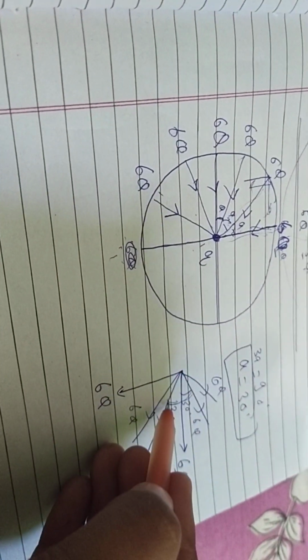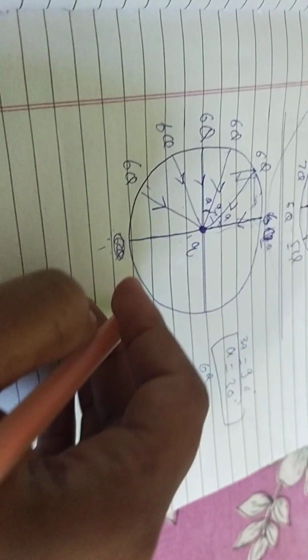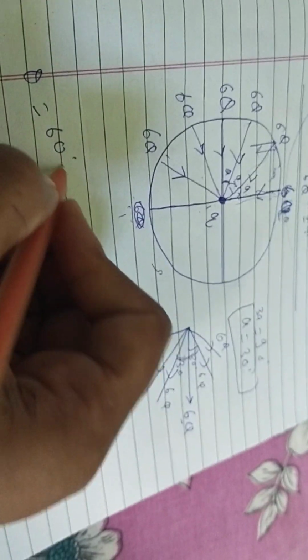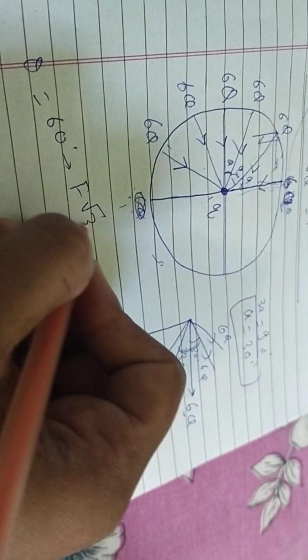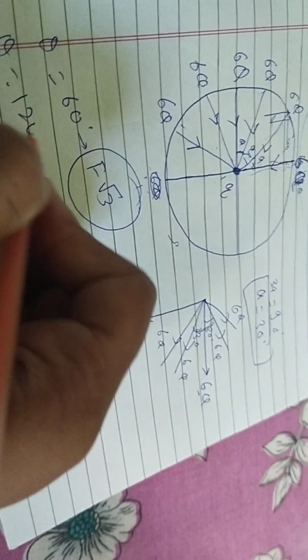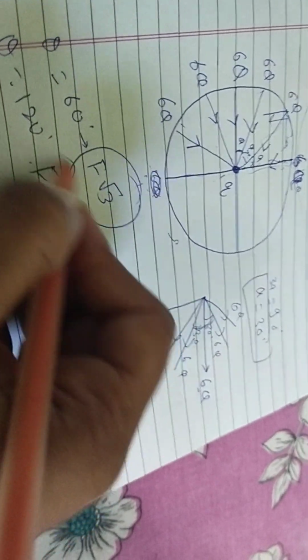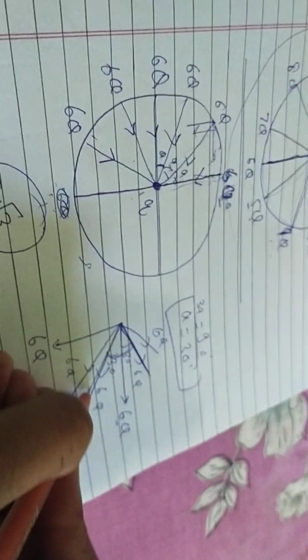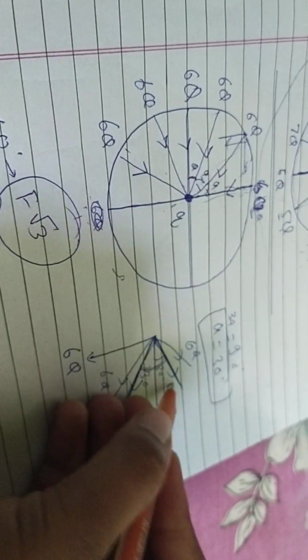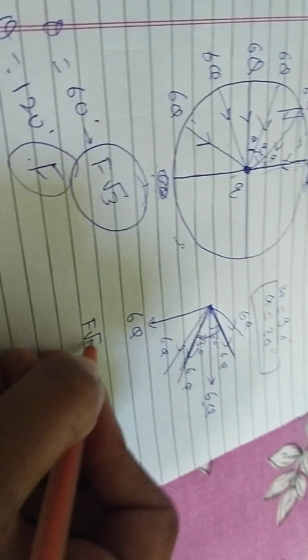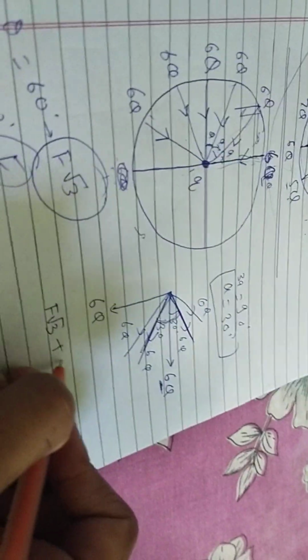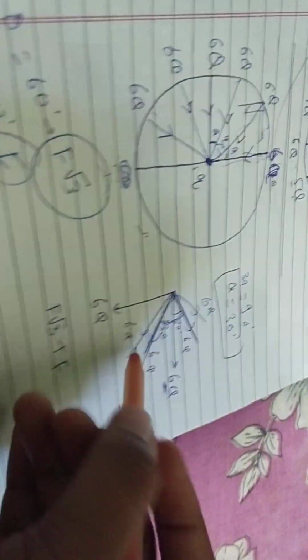Now the angle is 60 degrees, and you know, when theta is equal to 60 degrees, the answer is F root 3, and when theta is 120 degrees, the answer is F. So taking this and this, I am getting F root 3. And this is 6q, so I am writing it's F, because the charges are same.